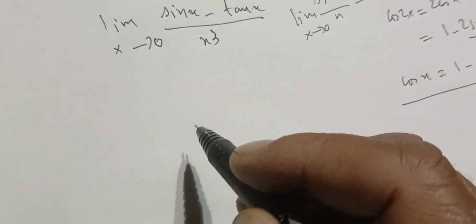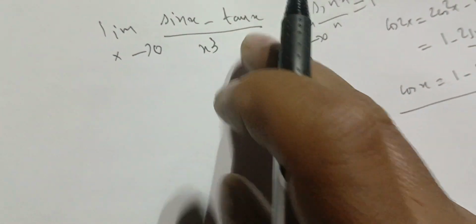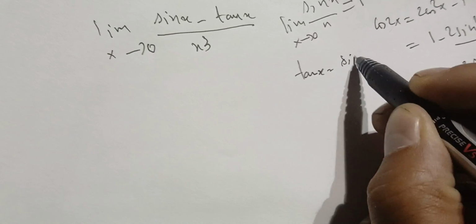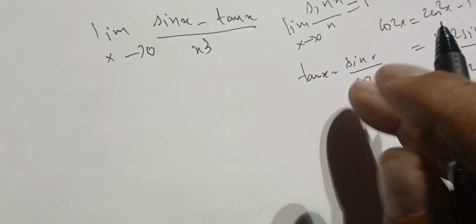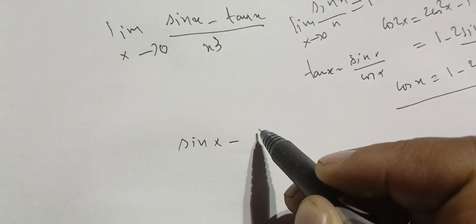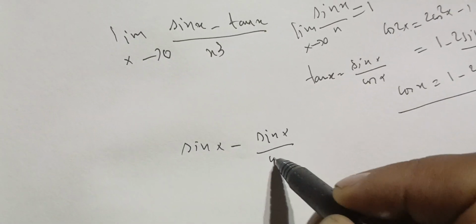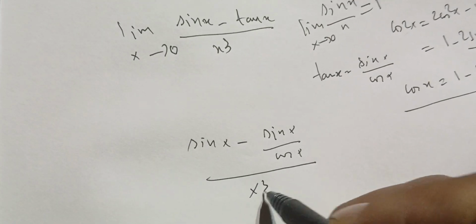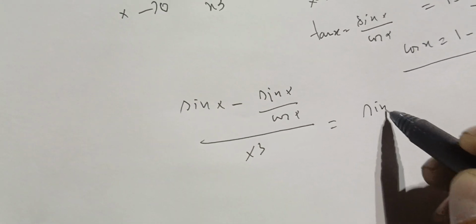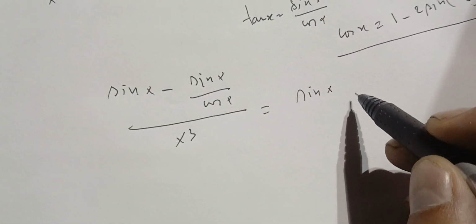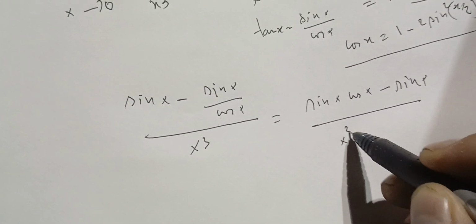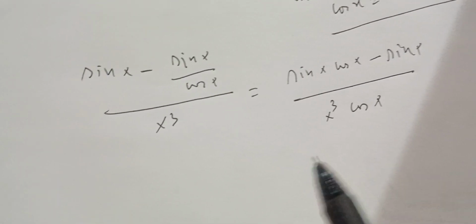Tangent x is sine x over cosine x, so we get sine x minus sine x over cosine x, everything over x cubed. When we simplify, we get sine x cosine x minus sine x over x cubed times cosine x.